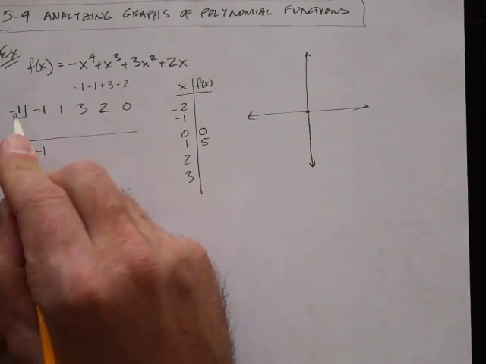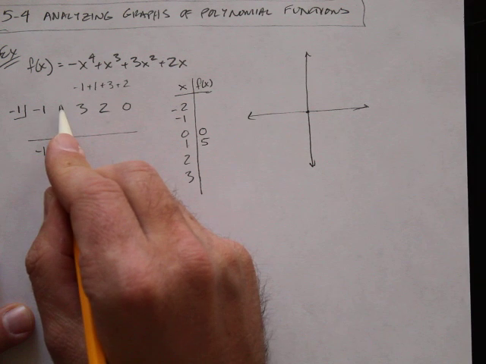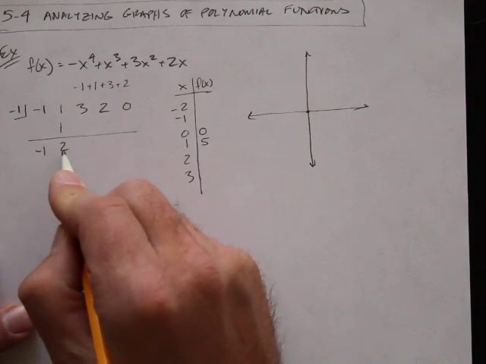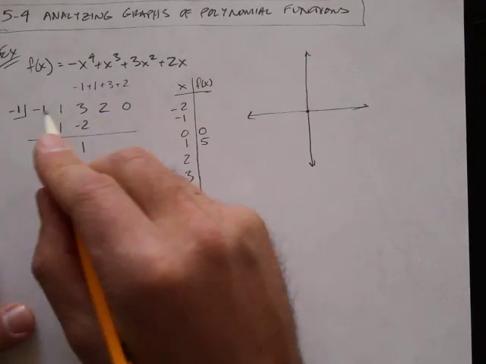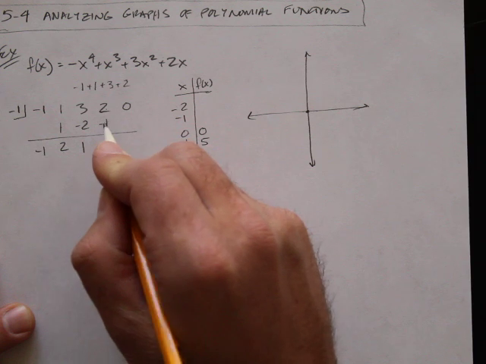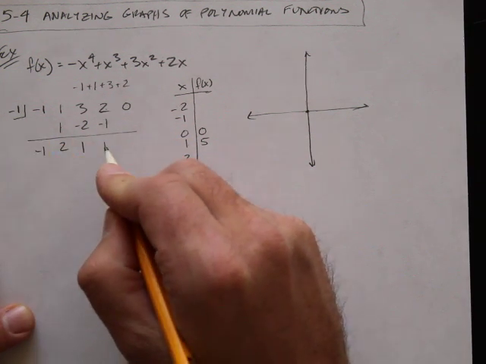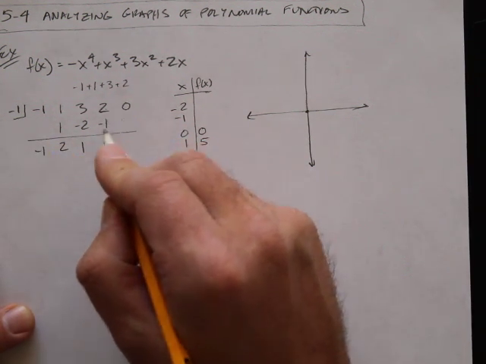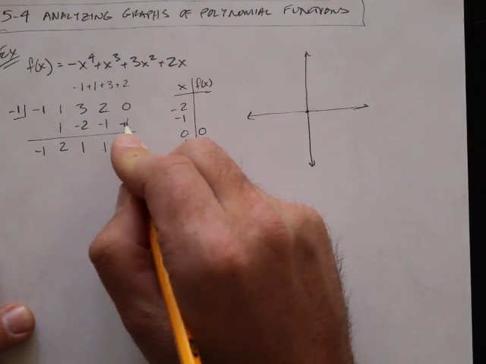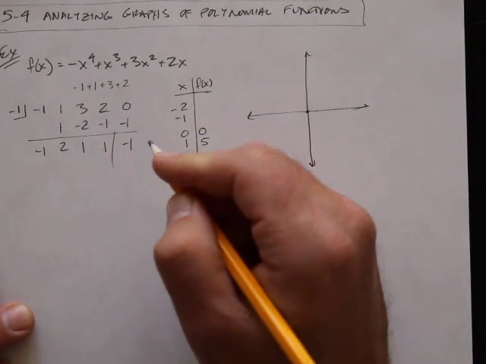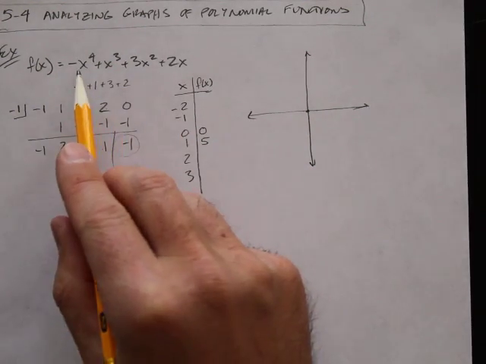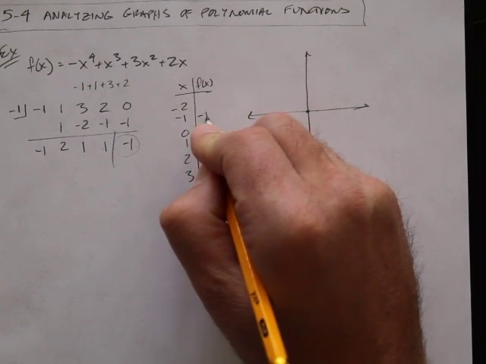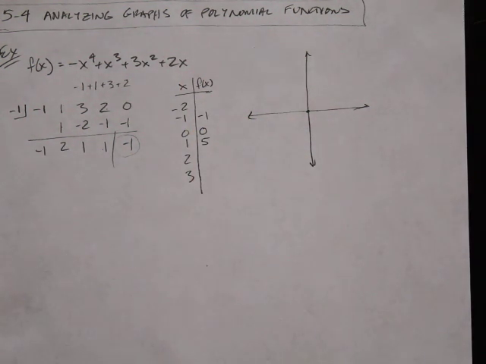Bring that -1 down. -1 times -1 is +1. 1 plus 1 is 2. 2 times -1 is -2. 3 plus -2 is 1. 1 times -1 is -1. Plus 2 is 1. 1 times -1 is -1, plus 0 is -1. So I got -1 when I plugged -1 in. -1, -1. Mr. V, what? Can I do that? Yes, you can. You're welcome.